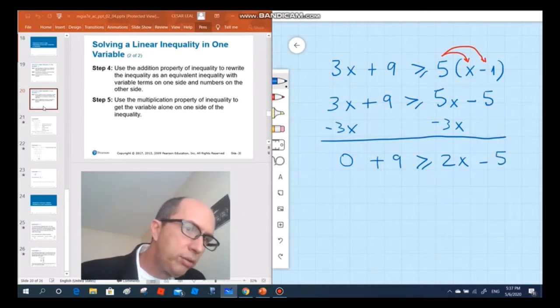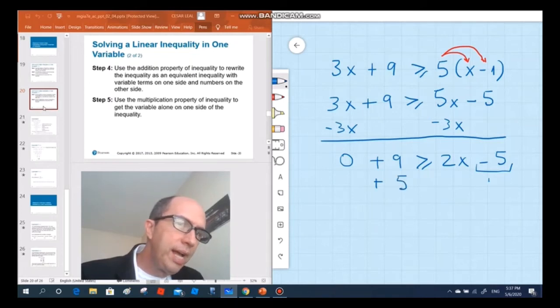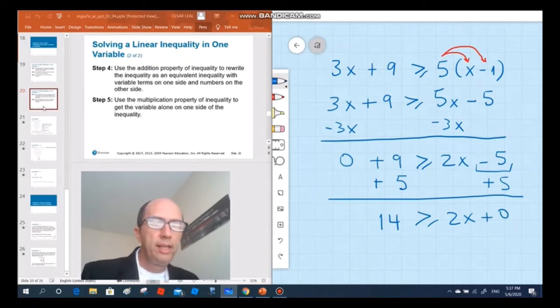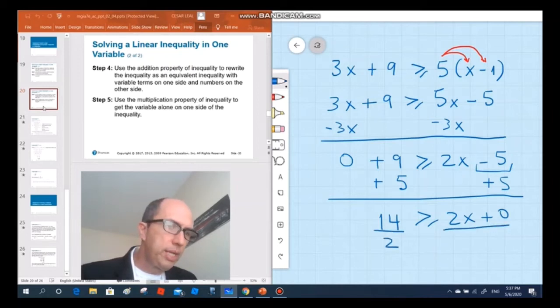Perfect. Now we need to get rid of this. Let's add 5 to both sides. So this is going to be 9 plus 5, 14, greater or equal to 2x plus 0. Okay? And now multiplication property. Divide both sides by 2.